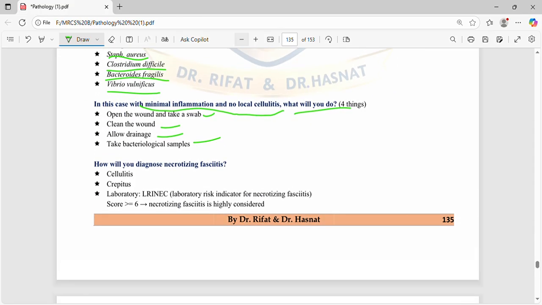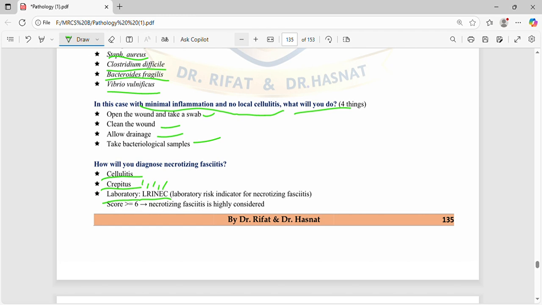How will you diagnose necrotizing fasciitis? There will be cellulitis, crepitus, and laboratory findings: LRINEC, the Laboratory Risk Indicator for Necrotizing Fasciitis.